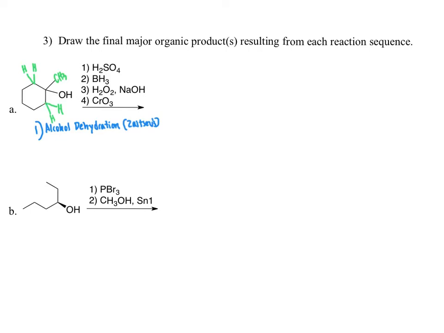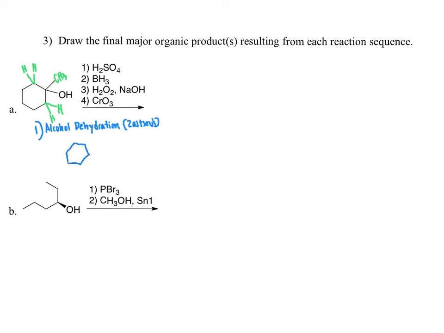Removal of a proton either here or here, either way, is going to lead to the same Zaitsev's product. Removing a proton out here would not lead to the Zaitsev's product, but a less alkyl substituted product than the maximum, which is what Zaitsev's rule says we need to do. So we're going to remove a proton from one of these positions in addition to removing that hydroxy group, and that will create an alkene.